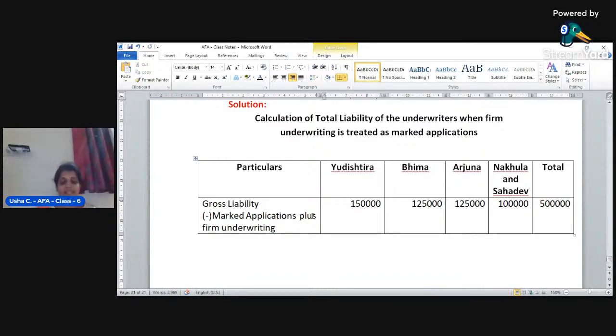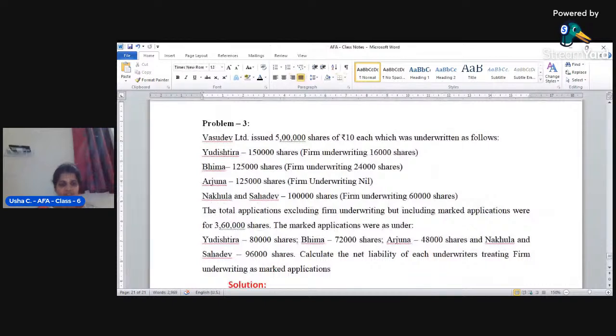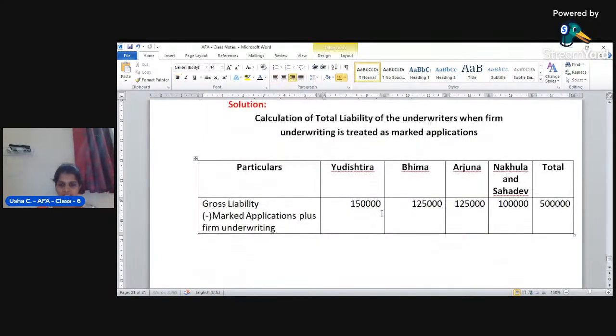So here, marked application for the first underwriter, Yudhishthira, is 80,000 and firm underwriting is 16,000. So 80,000 plus 16,000 is 96,000.